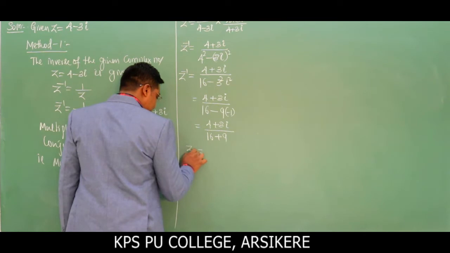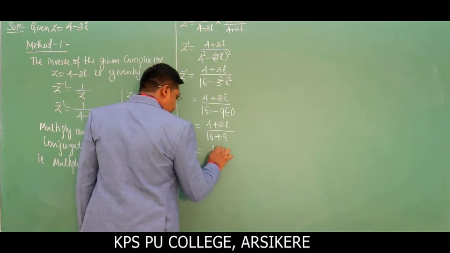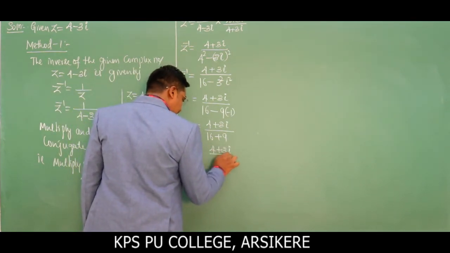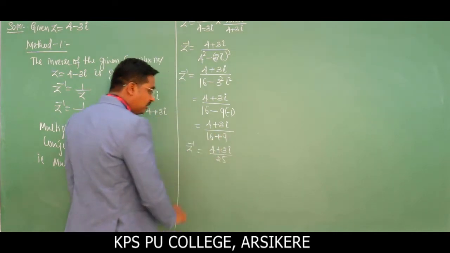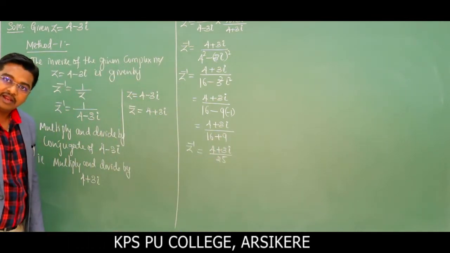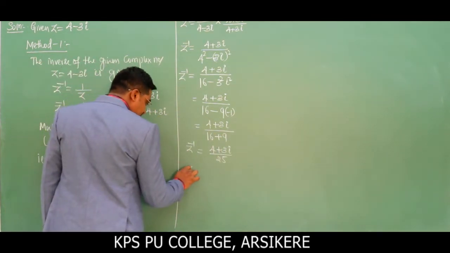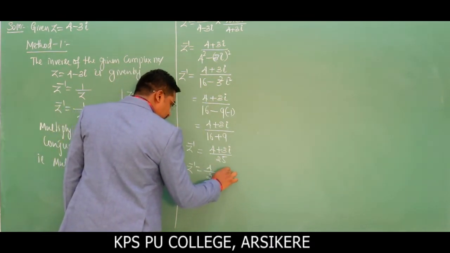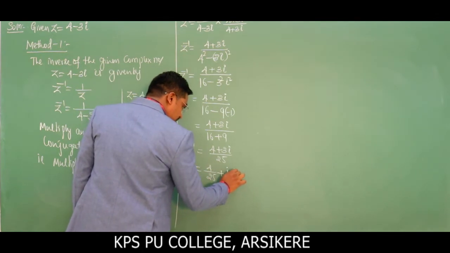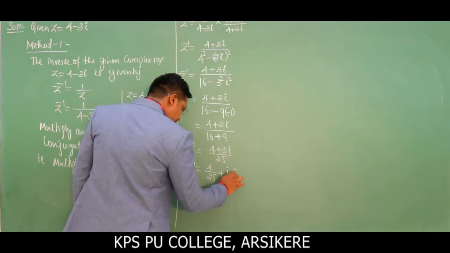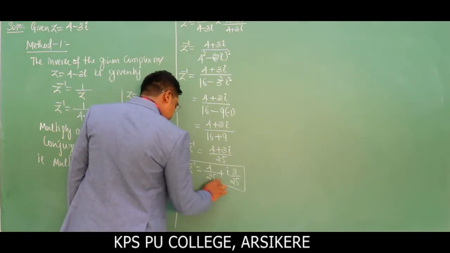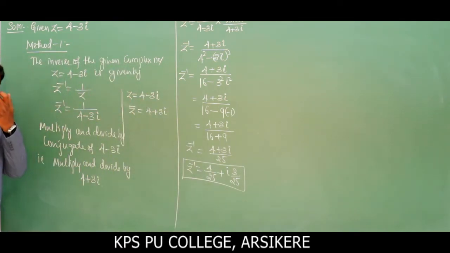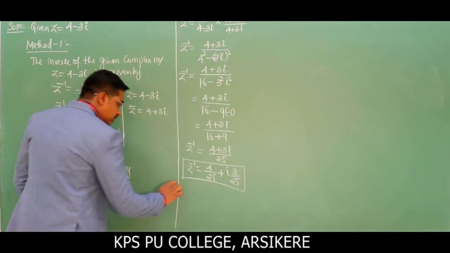This becomes z inverse is equal to 4 plus 3i divided by 25. Now separate real and imaginary parts. So z inverse is equal to 4 by 25 plus i times 3 divided by 25.